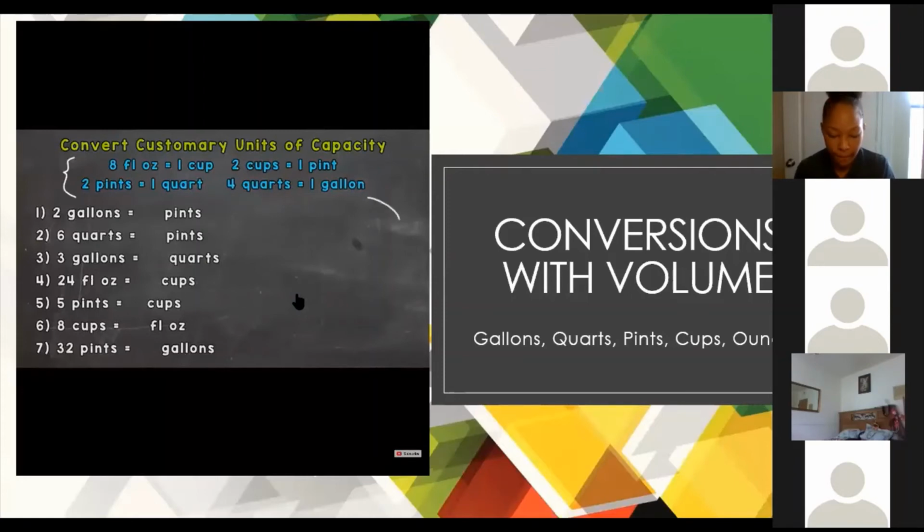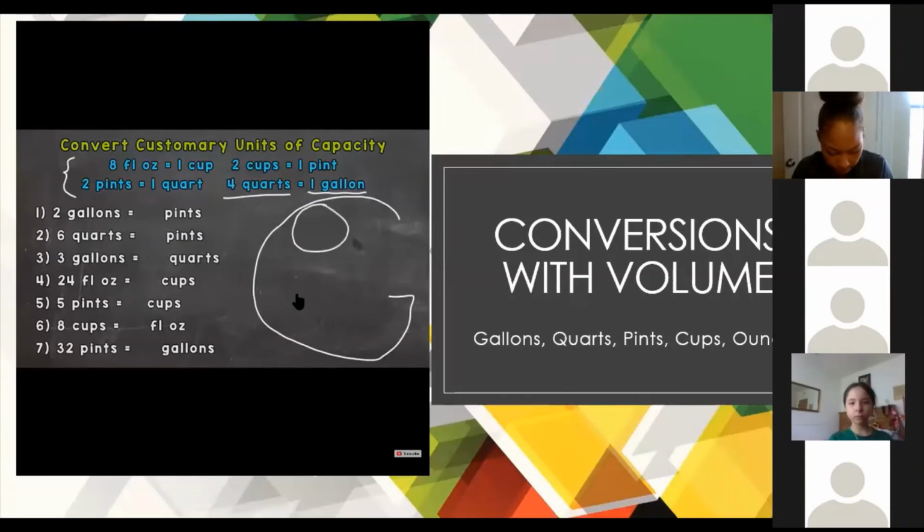So we're going to draw a big G. And that G represents 1 gallon. So 1 gallon here. Next, we're going to draw 4 Qs. That represents 4 quarts equaling 1 gallon. So 4 Qs to fill that gallon.